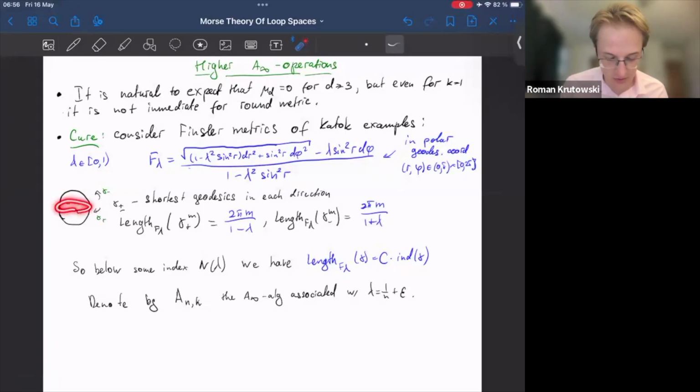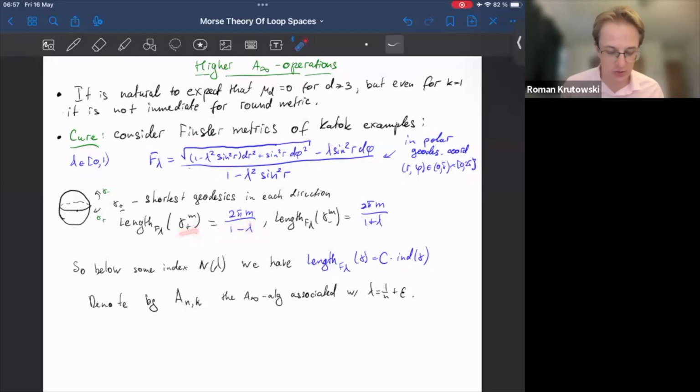On the equator, you have two geodesics, and one of them now becomes much shorter, the other one becomes much longer. And their powers, so going m times around in each direction, would have lengths with respect to this metric 2 pi m divided by 1 minus lambda.